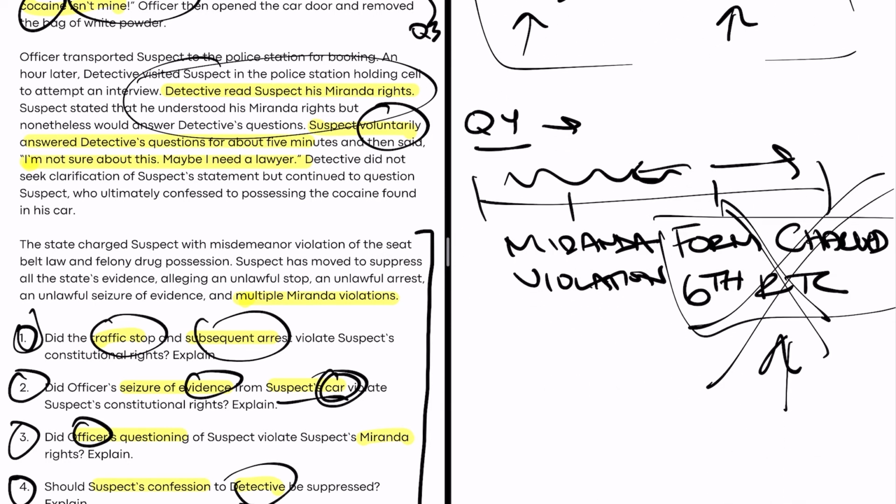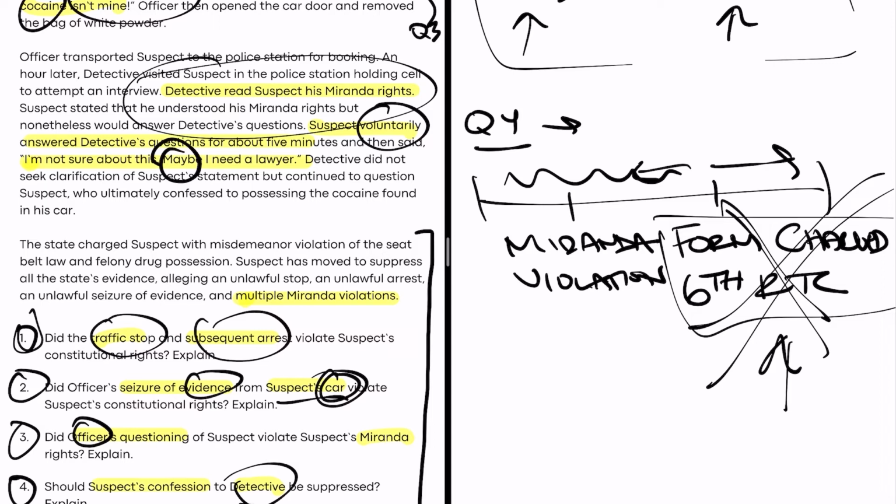But this time the police officer does read the suspect his Miranda rights, which he's supposed to do. So the questioning begins, and the suspect voluntarily answered the detective's questions for about 5 minutes, and then said, "I'm not sure about this. Maybe I need a lawyer." So we do know under Miranda v.